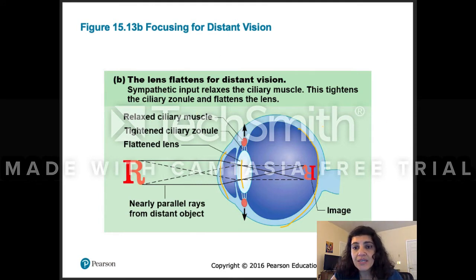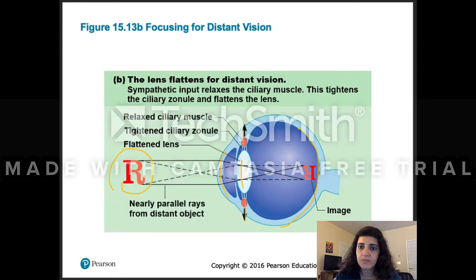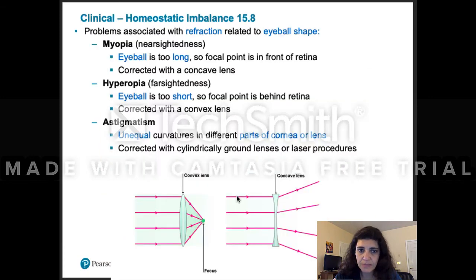So when you're looking at something at a distance, you are flattening the lens, and that is happening because this muscle, the ciliary muscle, is pulling the lens to flatten. The opposite happens when you're seeing from close. You see how now the lens is much more round if you compare to this, right? So here we're seeing from close and you bulge the lenses.